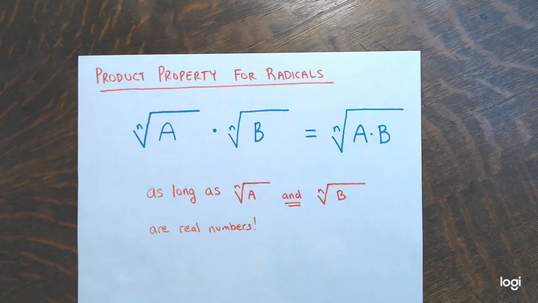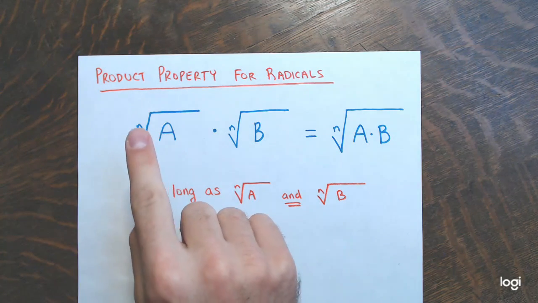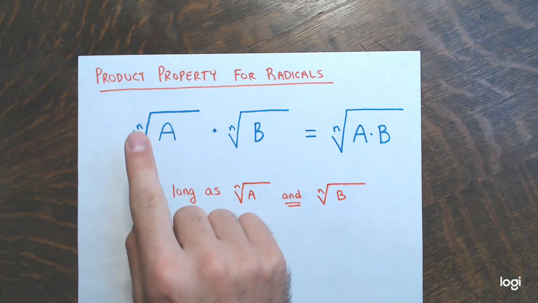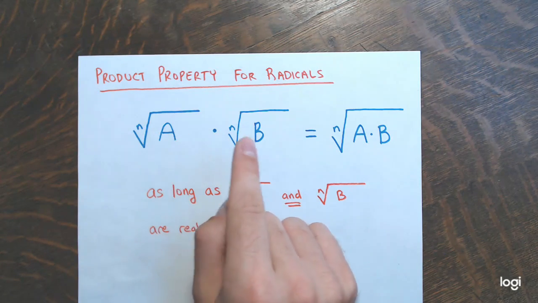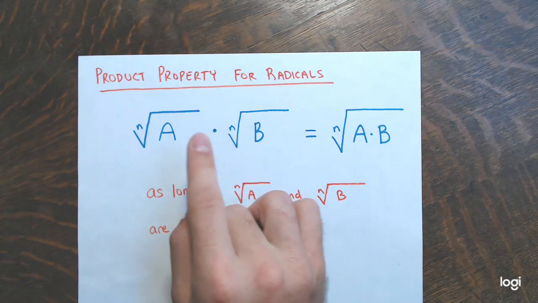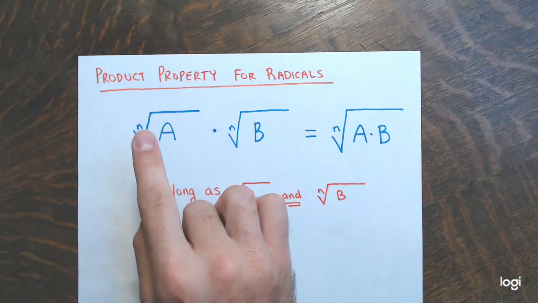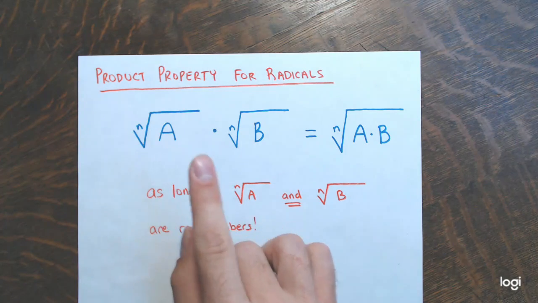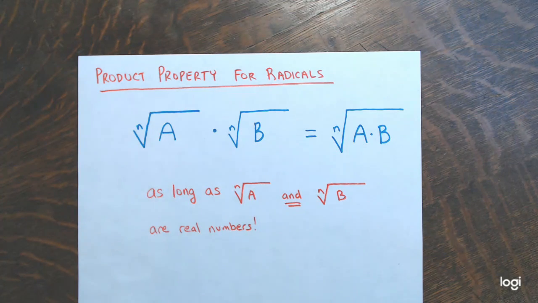That's key. All this means is, if n is an even integer, so if I'm doing a product of square roots, a and b have to be non-negative, or fourth roots. Whenever we're taking even roots, the radicand has to be non-negative for it to be a real number.